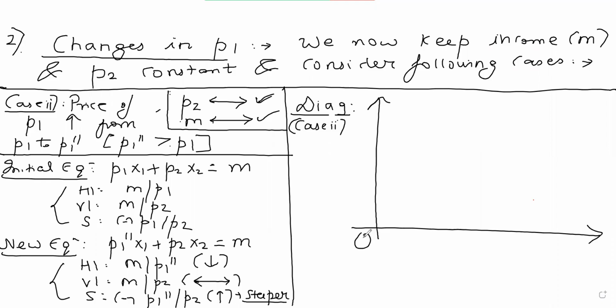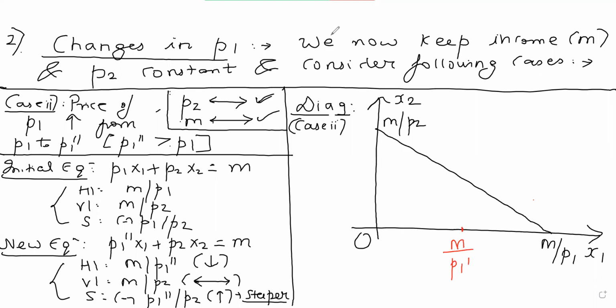This is good x1. This is good x2 on the vertical axis. This is the initial budget line. Horizontal intercept M by P1. Vertical intercept M by P2. My horizontal intercept has now gone down to M by P1 double dash. My vertical intercept is still the same.